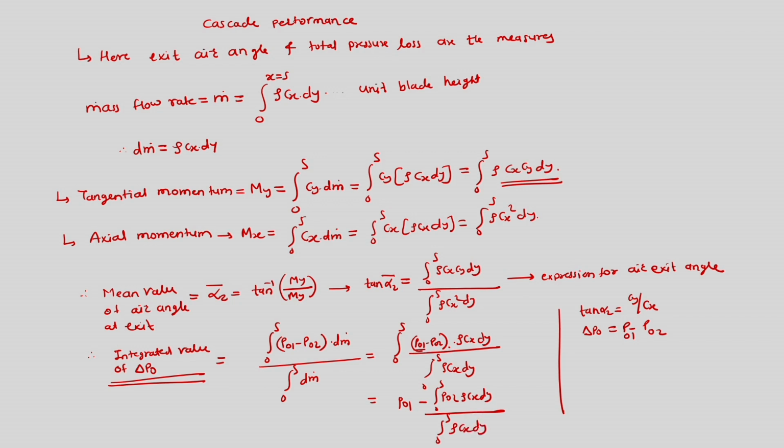So this is how we can find out the major required quantities, which are blade exit velocity and the total pressure loss, and how to use the different variables effectively.